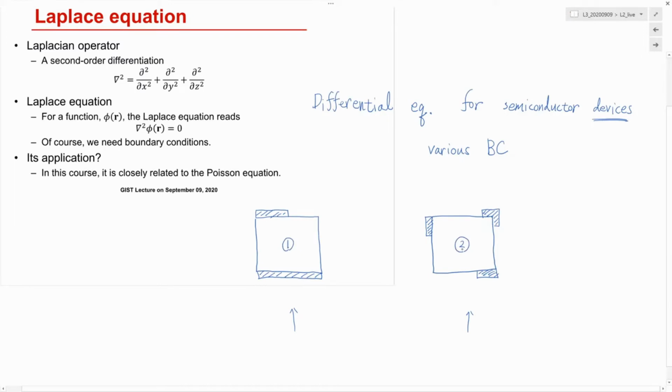Obviously not. Although the internal box has the same property, depending on the position of your contact, the operation of device 1 and device 2 will differ. So the treatment of boundary conditions is quite important.